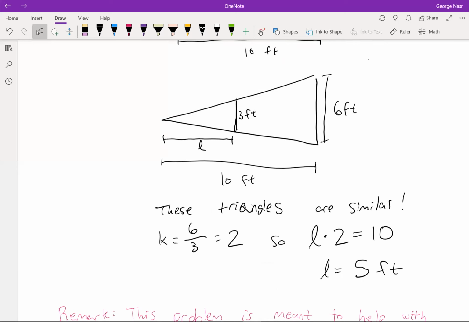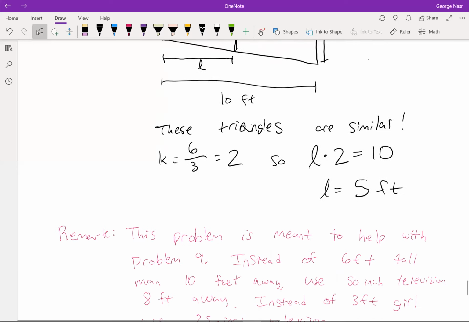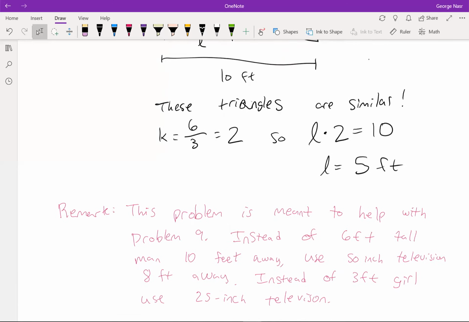And the reason I'm doing this problem is that on problem 9 on the homework, this setup is meant to be similar. This is meant to give you just a little bit of scaffolding for that problem. It's not exactly the same. The problem's still a little bit more challenging.